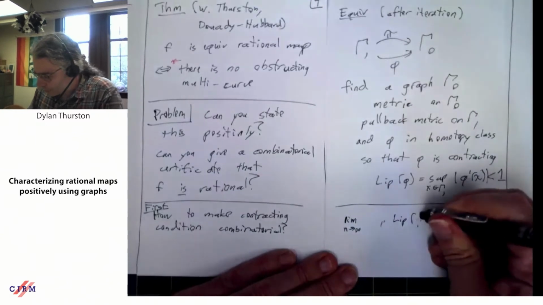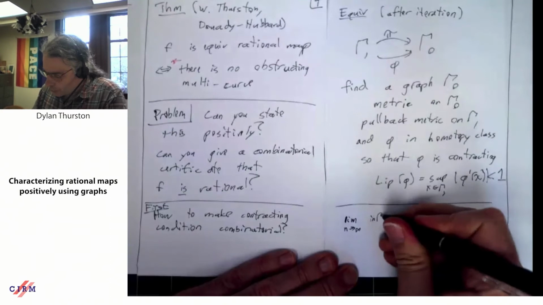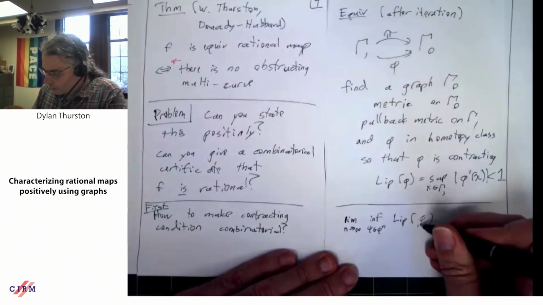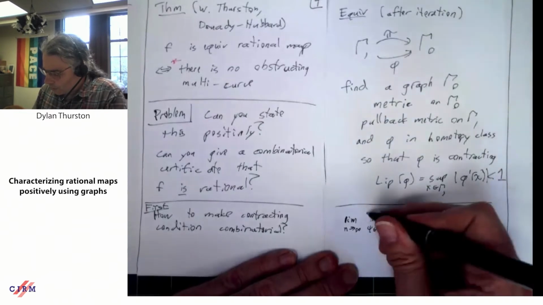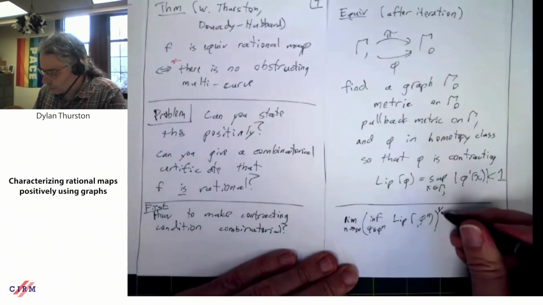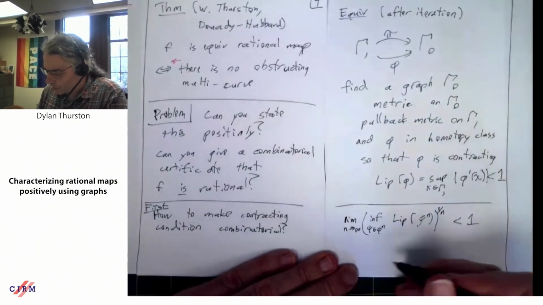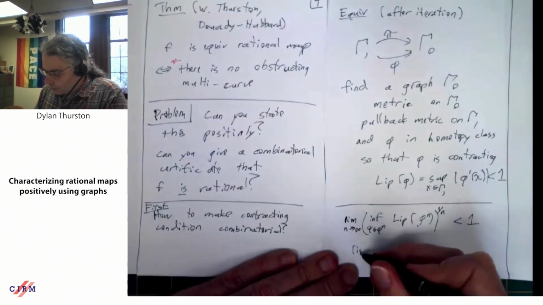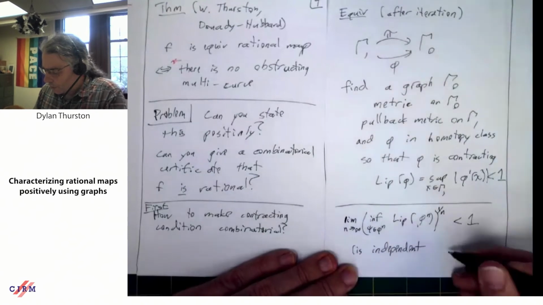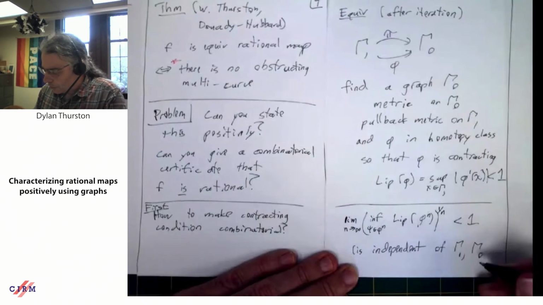So I want the minimal stretch factor in the homotopy class of that nth iterate, and I want this limit, raised to 1 over n to be well behaved. I want that limit to be less than 1. And this is independent of the model by general combinatorial things.